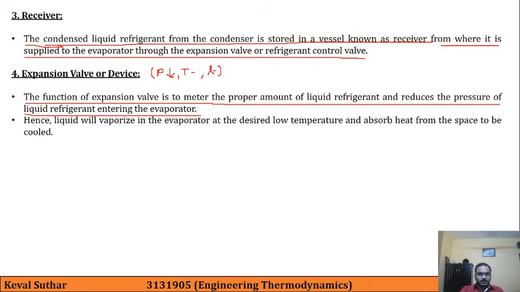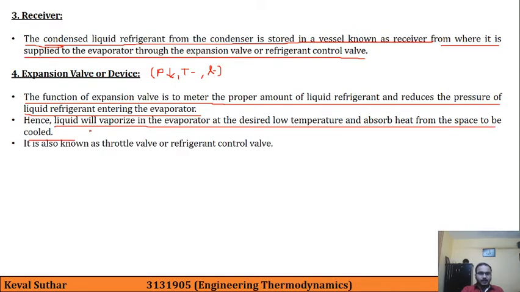The liquid will then vaporize in the evaporator at the desired low pressure and absorb heat from the space to be cooled. That we will see in the evaporator component. This expansion valve is also known as the throttle valve or refrigerant control valve.